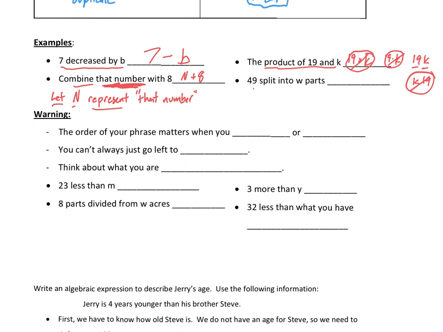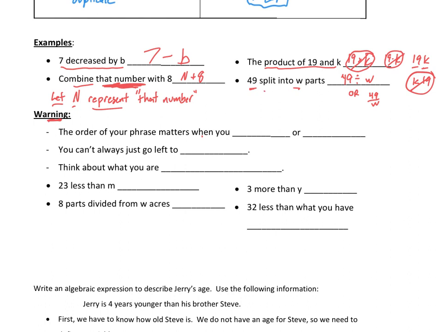49 split into w parts. This one order matters. We start with 49 and we're dividing it into w parts. Or you can write it this way, and I want you to write it this way in your notes too, 49 over w as a fraction. Okay, so my warning for you, the order of your phrase matters when you do two operations.